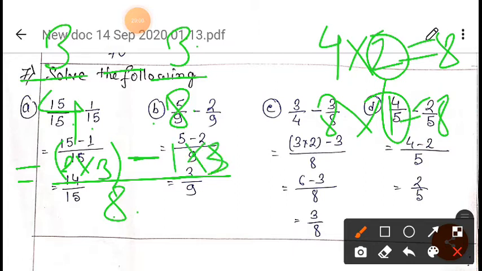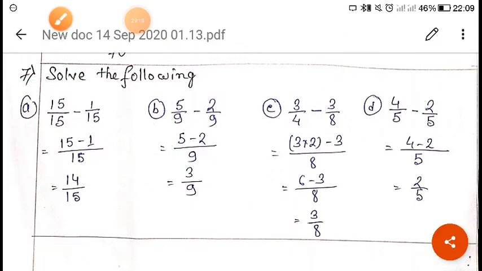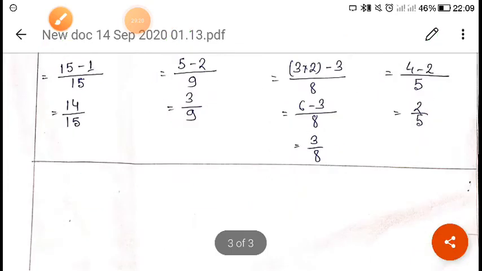Okay, so we will get here 6 minus 3, because 2 into 3 is 6, and 1 into 3 is 3. 6 minus 3 over 8, as you can see. So when you do this, it will become 3 by 8. So I hope you have understood how we have to do this, right?